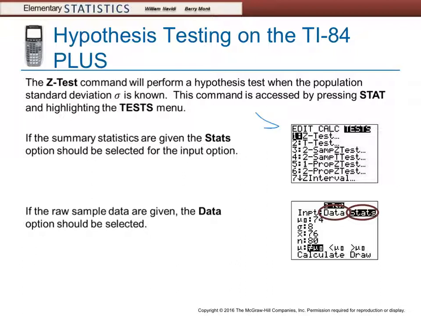So here is when we hit the stats key and we move over to test, we'll get this menu screen, and it's option 1. If the summary statistics are given, we use the stats option to enter our information in. If the raw data of the sample are given, again we use the data option in the z-test.